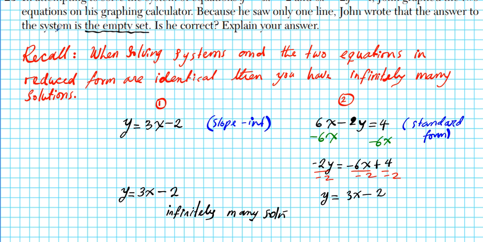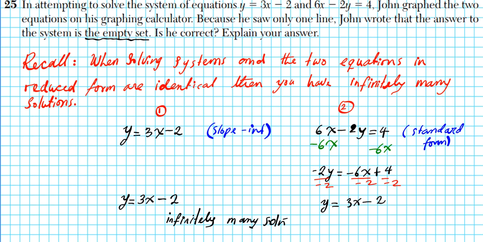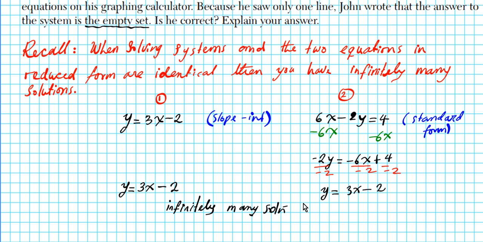John wrote that the answer to the system is the empty set. Is he correct? So we want to make sure we answer the question and also explain our reasoning. The answer is no. John is not correct.